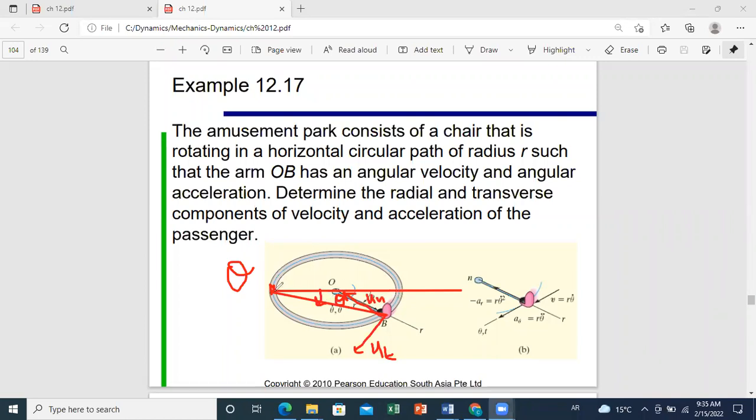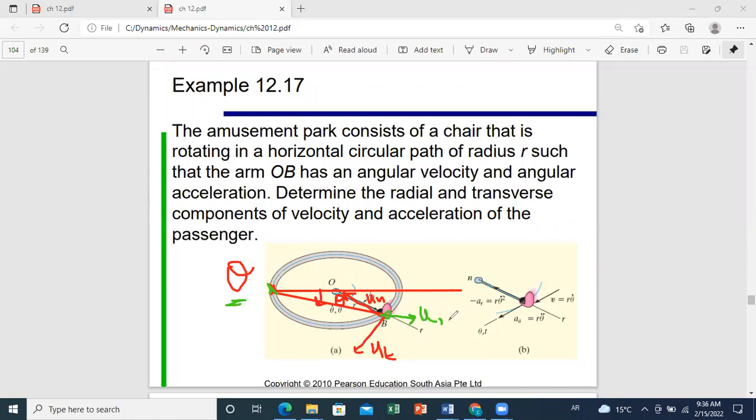Vector ur, by definition, is directed from the origin of your cylindrical coordinates to the point of interest. So ur will be along OB now. So it will be like this. As you can see, it will be different. It will not be anymore having the same direction as un. So this is ur in this case.